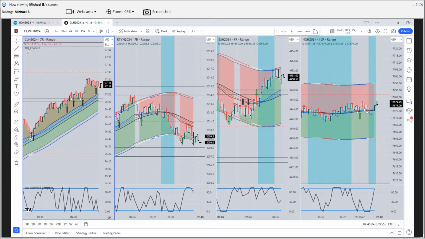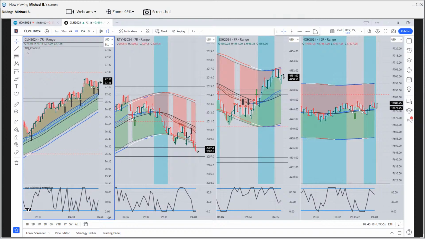All right, on the crude right here, we want that to pull back down and test the ribbon. On the Russell right here, we want that to pull back up and test the ribbon. On the ES, we want to go down and test the ribbon. And we don't have anything here on the NQ. We're just going sideways.